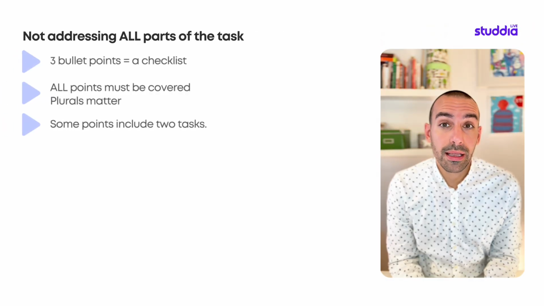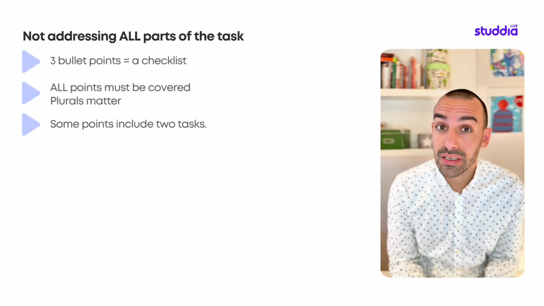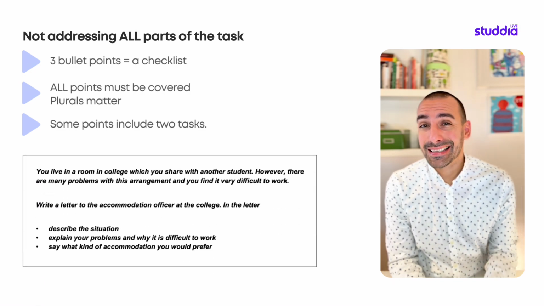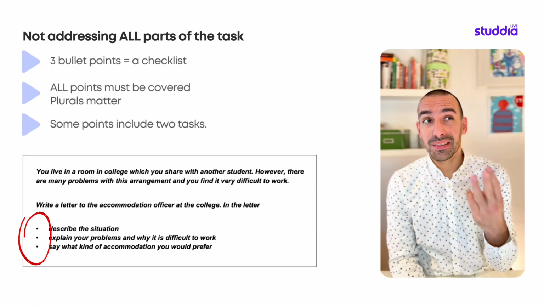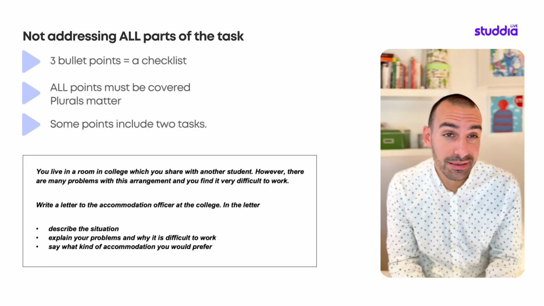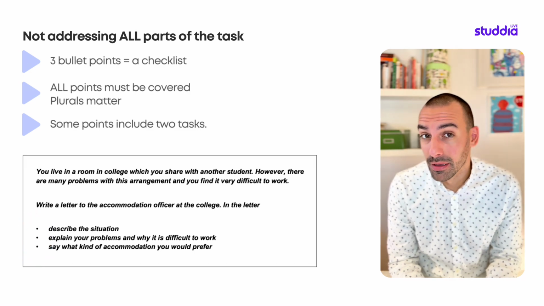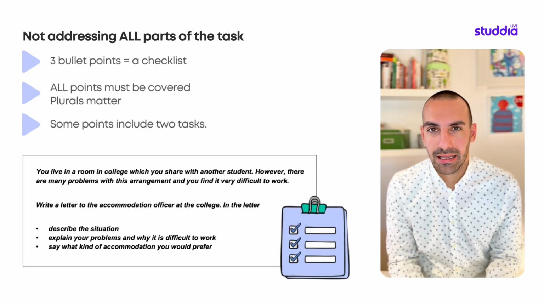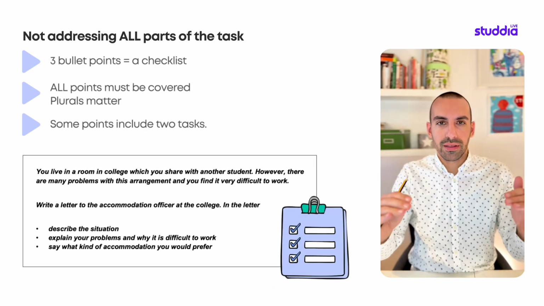One of the most frequent errors we see is not addressing all parts of the task. The prompt typically has 3 bullet points, so this shouldn't really be happening. It's not like there's 15 of them. You need to treat these bullet points as a checklist and make sure you cover all of them.